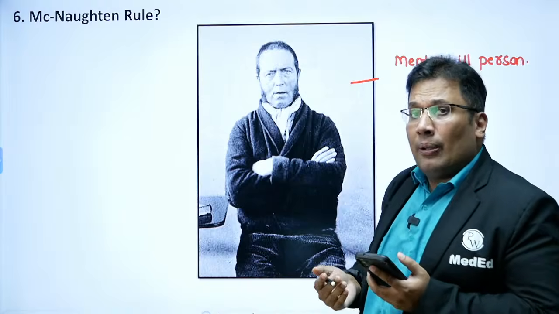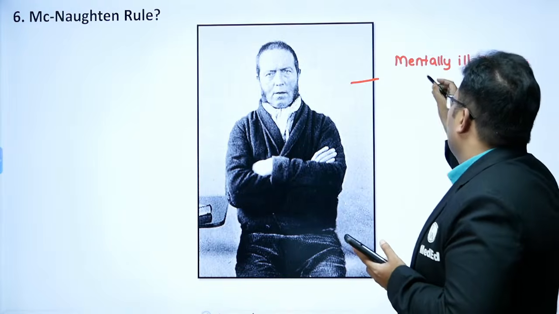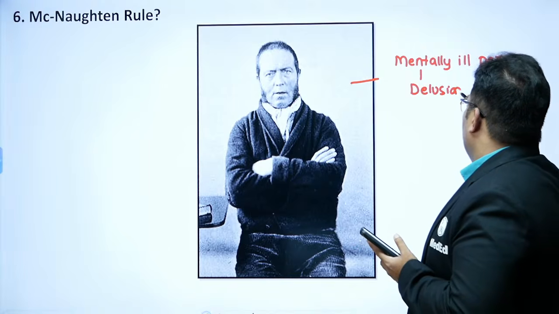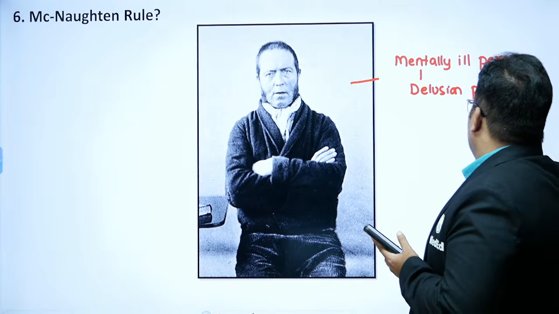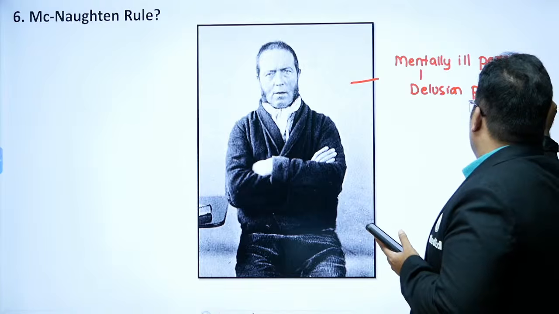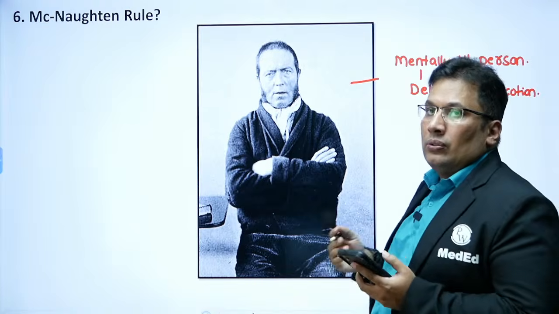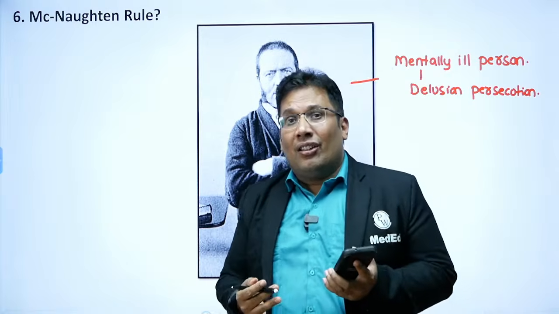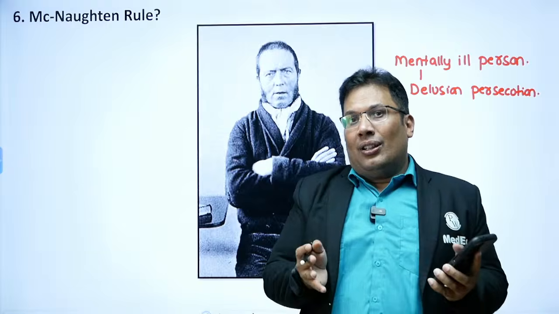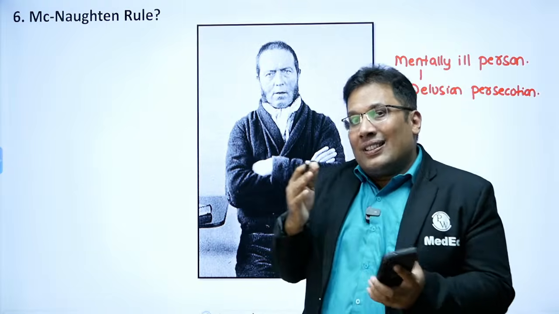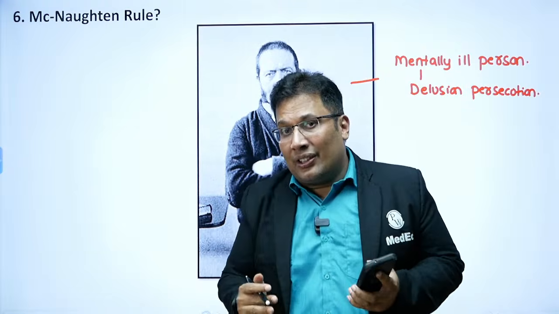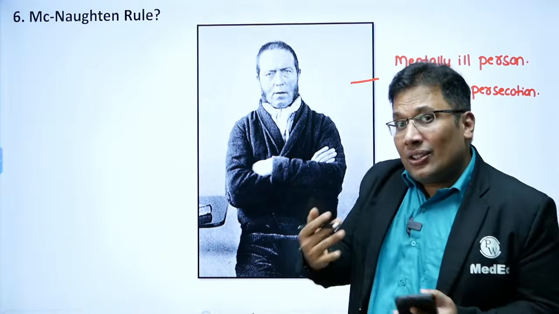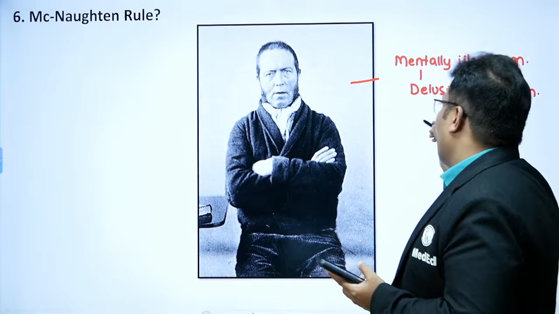He was suffering from delusion of persecution. He was having abnormal thought that the Prime Minister of England was behind him, trying to kill him, something like that. So under this, he committed some crime.